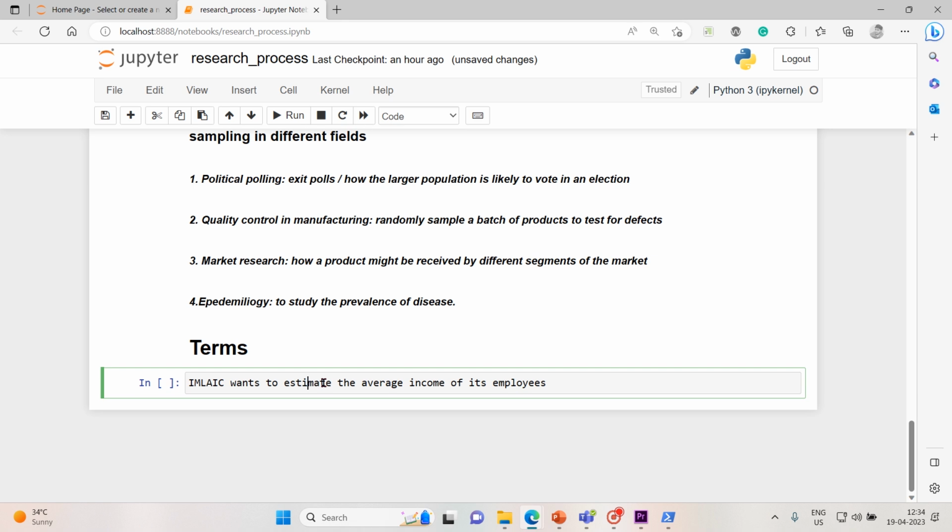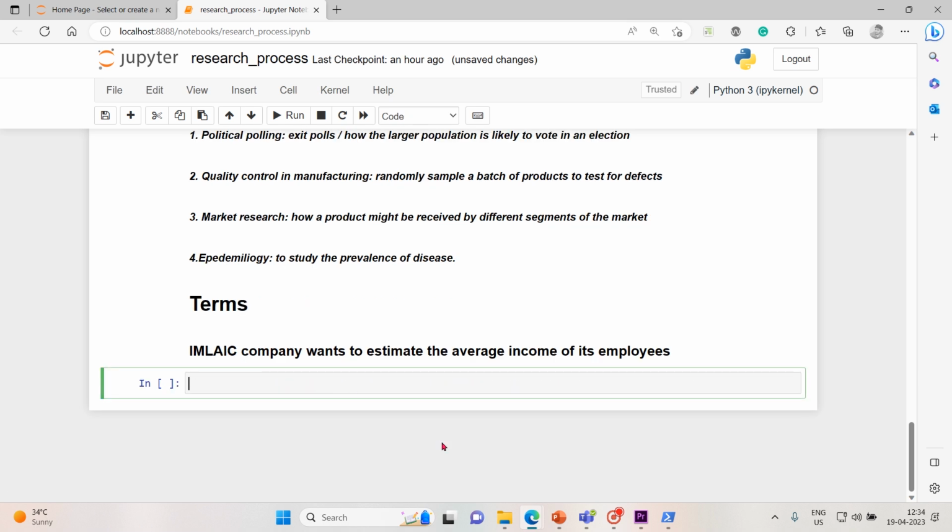So Imlac company wants to estimate the income of its employees. So this is our example. Okay, with this example we will be understanding those terminologies. Yeah, let's get back to our slide.